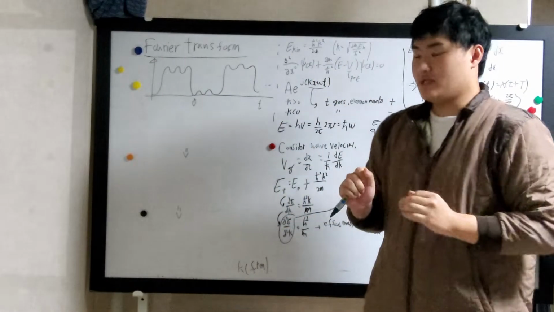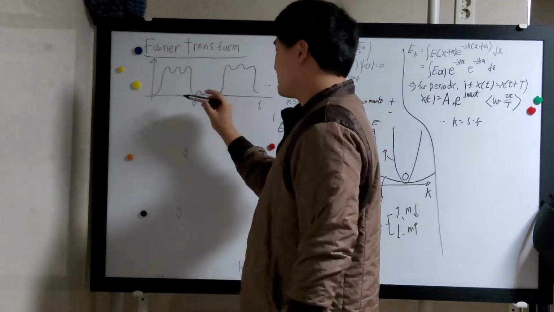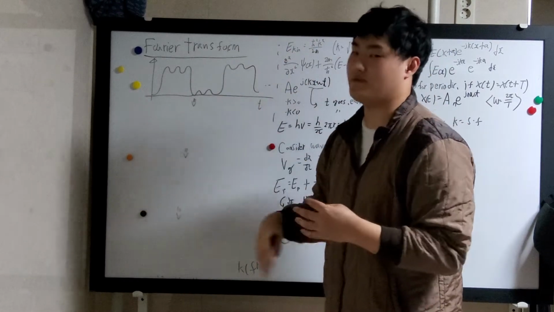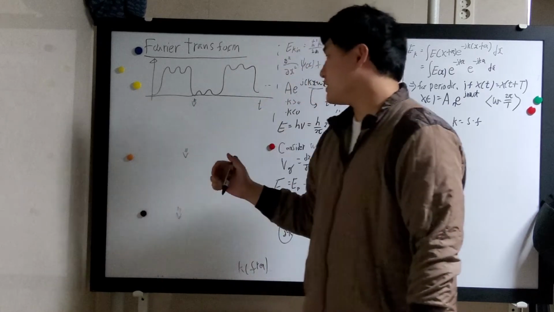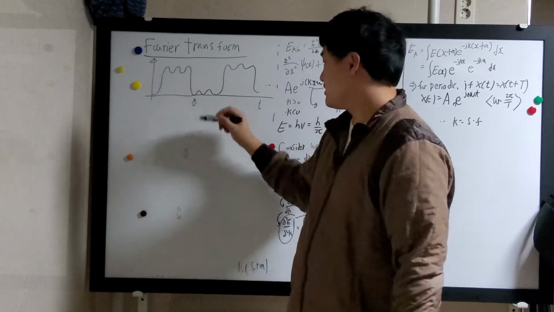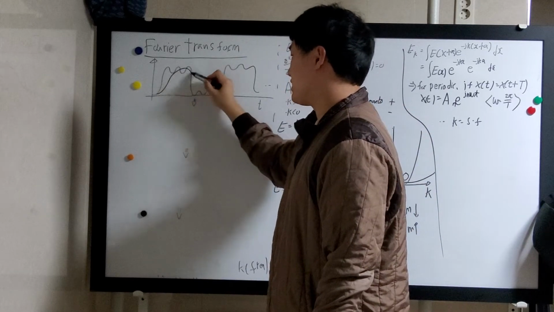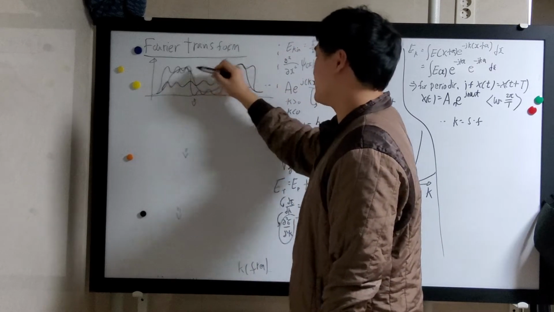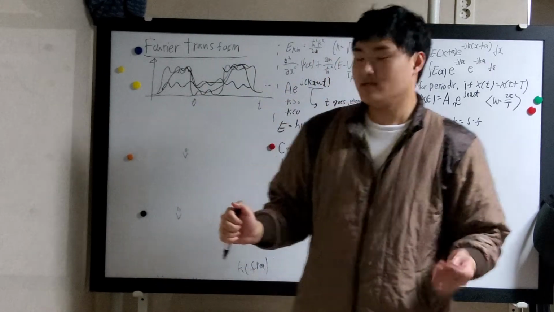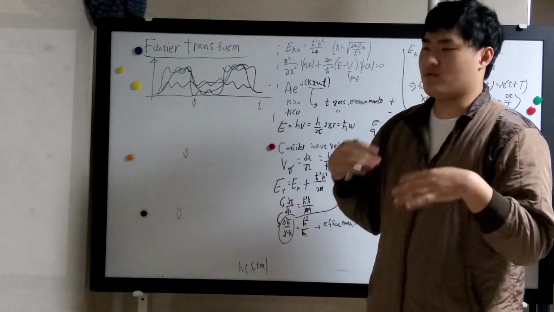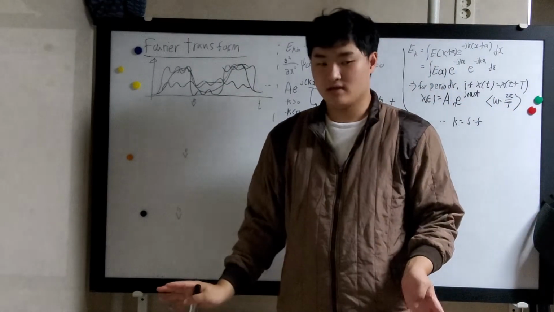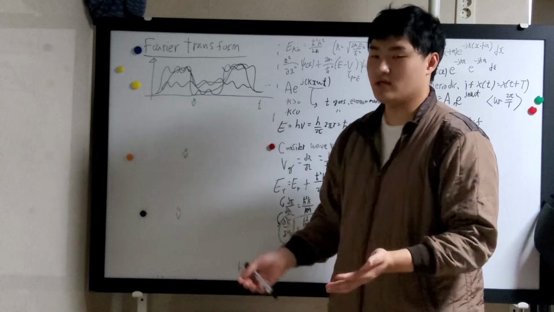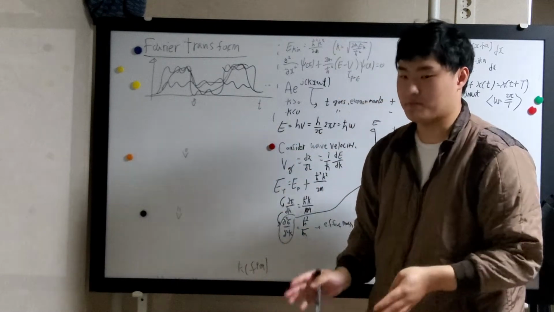Fourier said, if there is some periodic but complicated wave function, we can disassemble this periodic wave function into simple wave functions that have periodic features.